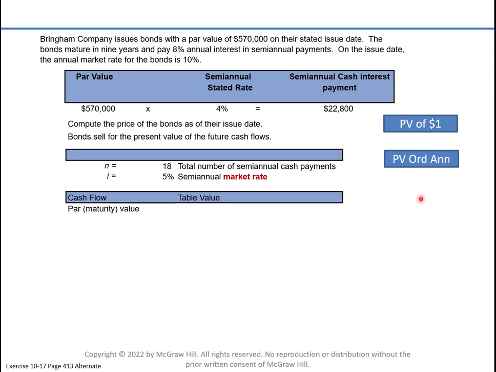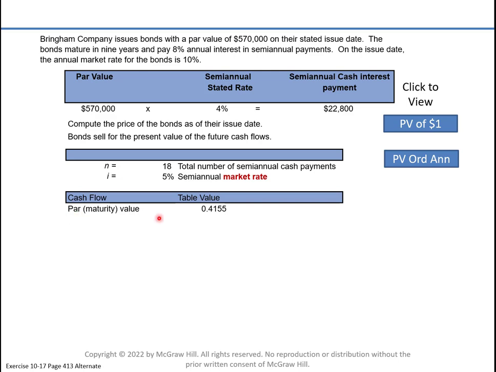You will have links to these tables in your homework. This is how you determine what row and number you will look at in the table. We're going to use 18 because this is a 9-year bond, which means we have 18 interest payments, and we use half of the market rate. The market rate is 10, so we're going to use half of that. So we're looking at periods of 18 and the interest rate of 5.